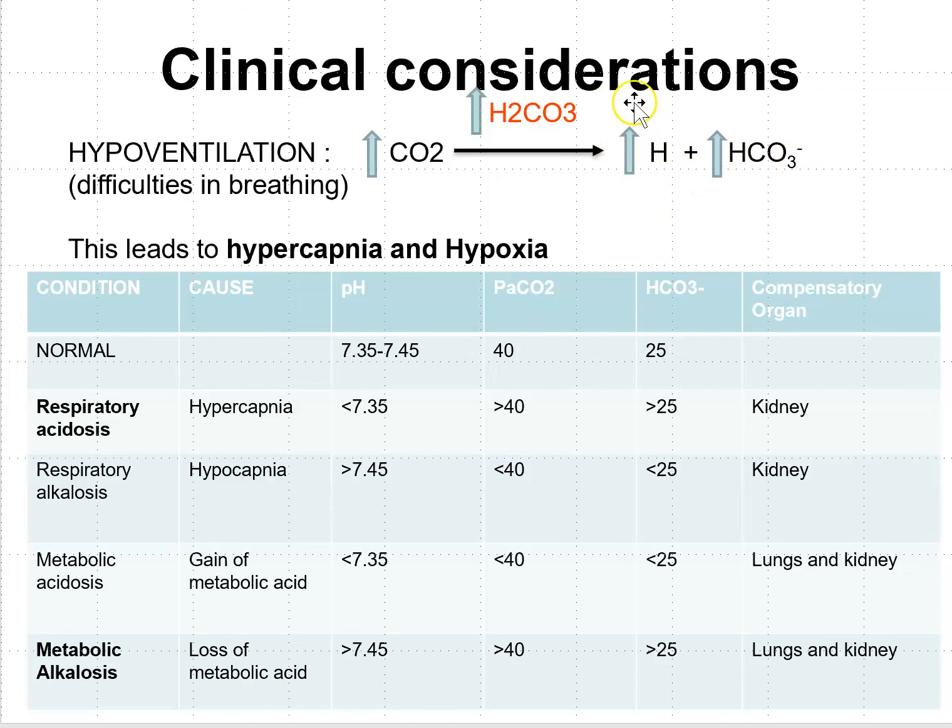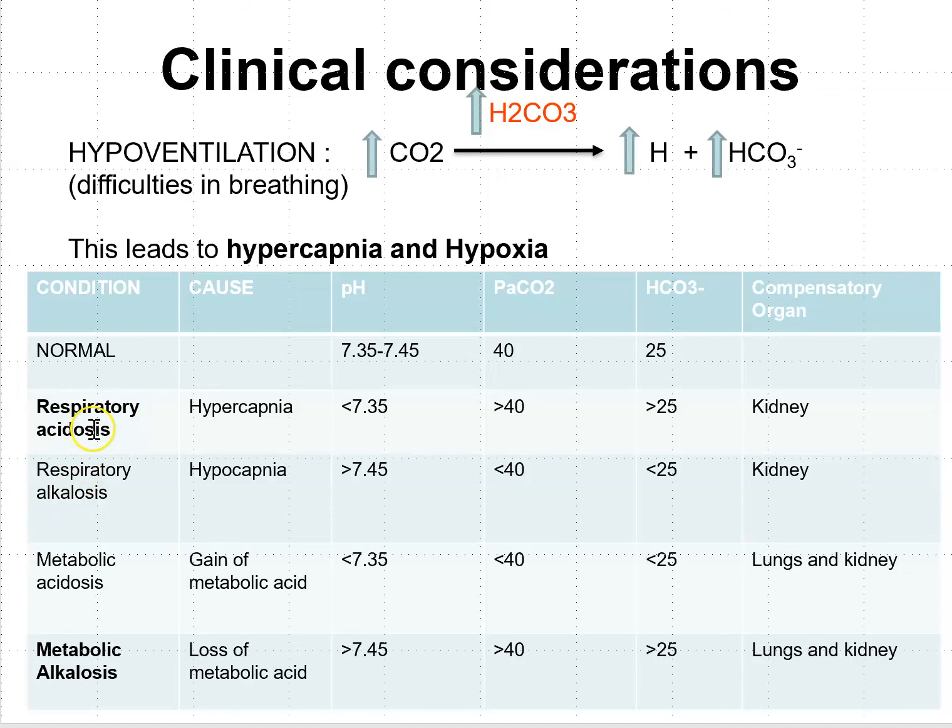So we have a lot of H plus ions and a lot of bicarbonate ions in the body. So this leads to hypercapnia, meaning excessive amount of CO2 in the body, and hypoxia, which is lack of oxygen in the body. Okay, so when we have too much CO2 in the body, it can alter the pH of the body, which can lead to conditions like acidosis and alkalosis.